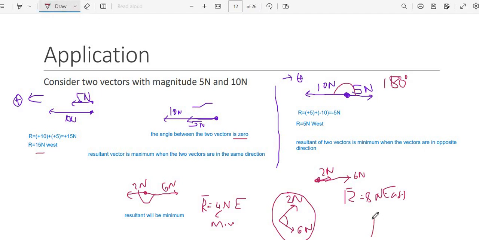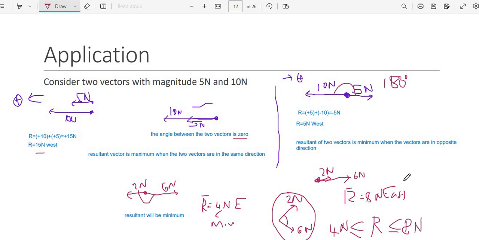The resultant R will be a value which is greater than or equal to the minimum, which is 4 Newton, but less than or equal to 8 Newton.